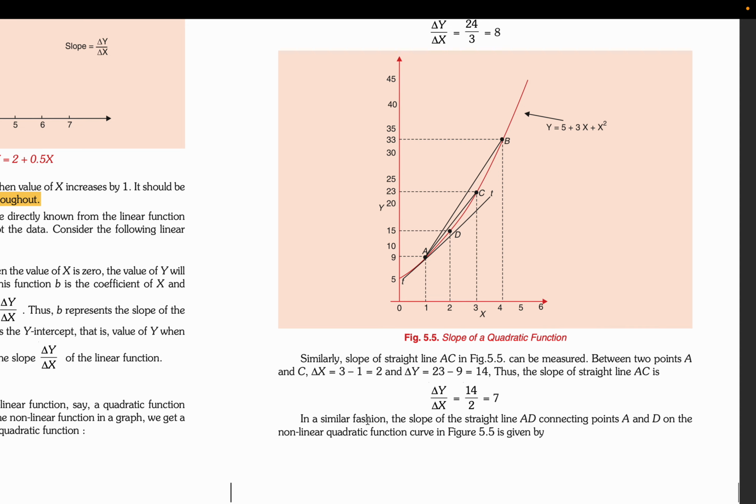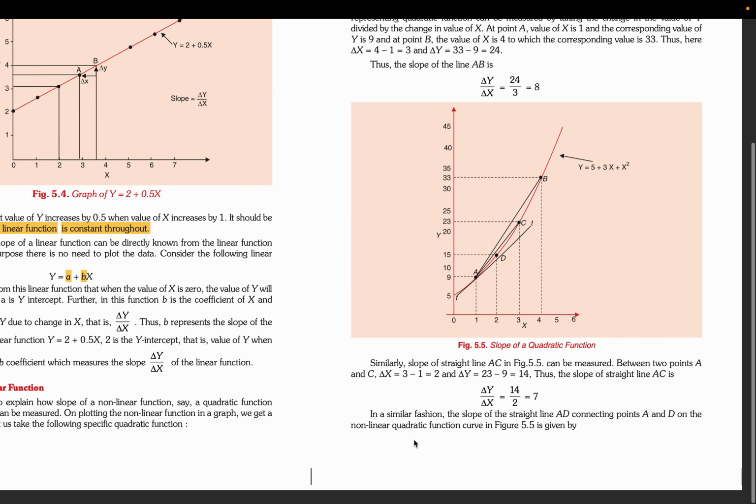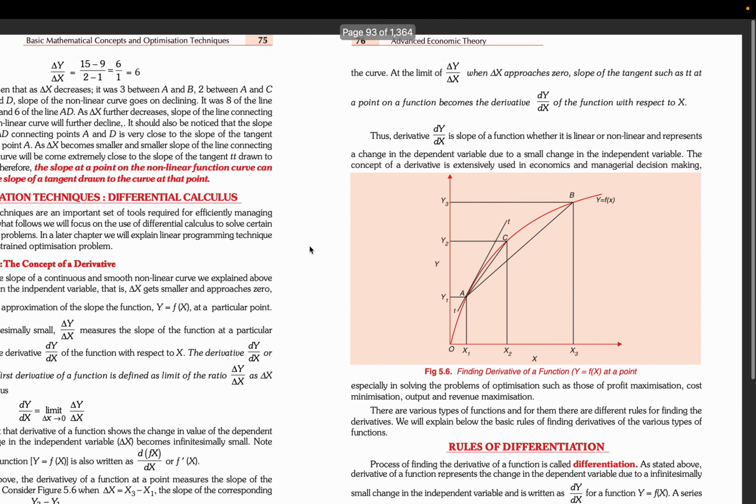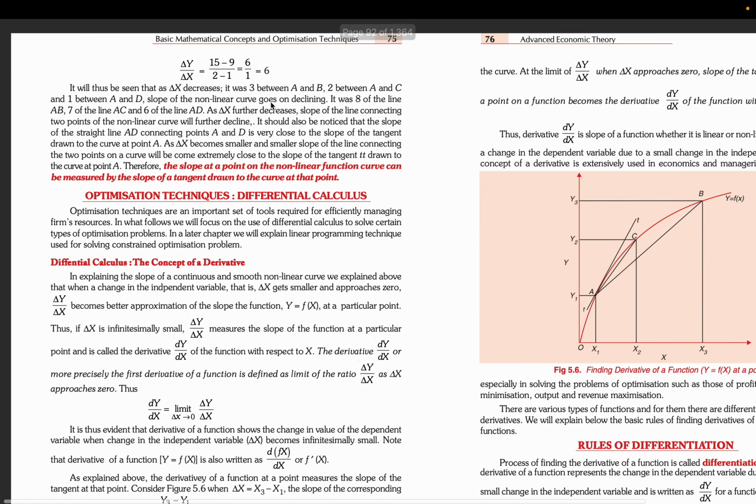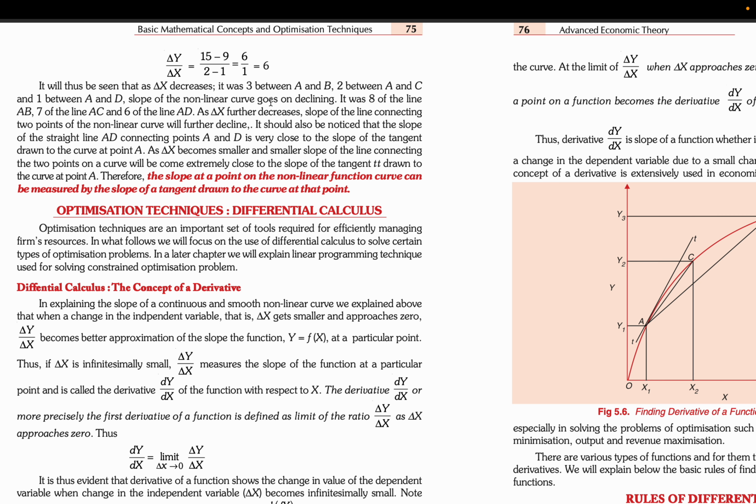In similar fashion, the slope of AD can be sought. 6 comes out to be the slope. It will thus be seen that as delta x decreases, it was 3 between A and B, 2 between A and C, and 1 between A and D, the slope of a nonlinear curve goes on declining, like we just said.